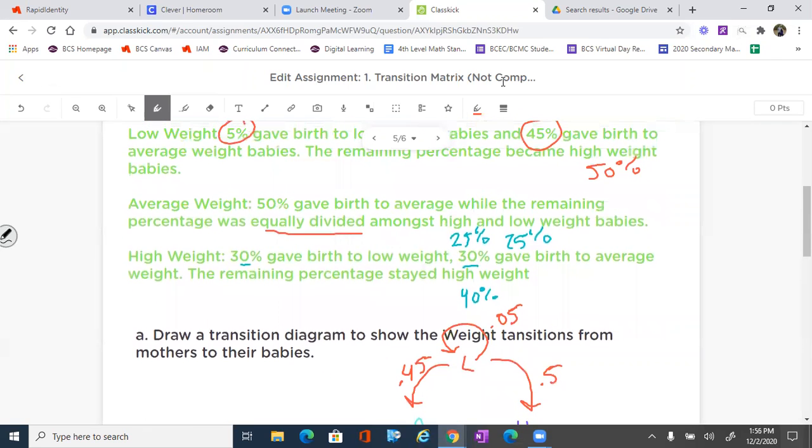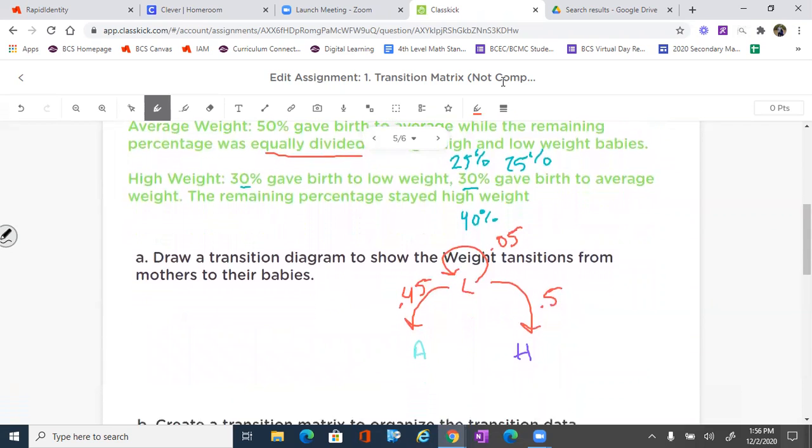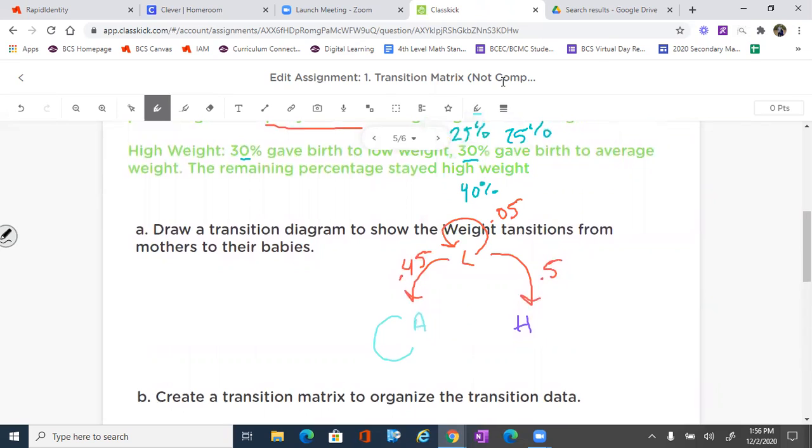Average weight, 50% gave birth to average, and the rest went equally distributed to both. So average, we said was 50% stayed, 0.5, so there's our loop for that, okay? And then we're gonna make an edge that goes to each one at 0.25 and 0.25.